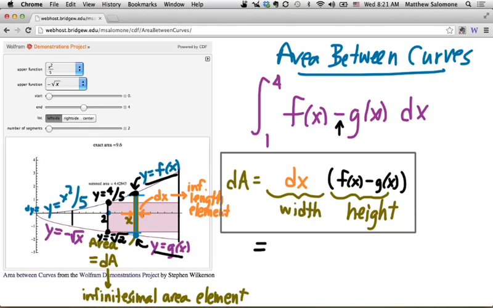So in our example, dA is going to equal f of x, which in our example is x squared over 5, minus g of x, which is minus the square root of x, dx. And there's where the minus a minus turns into a plus.